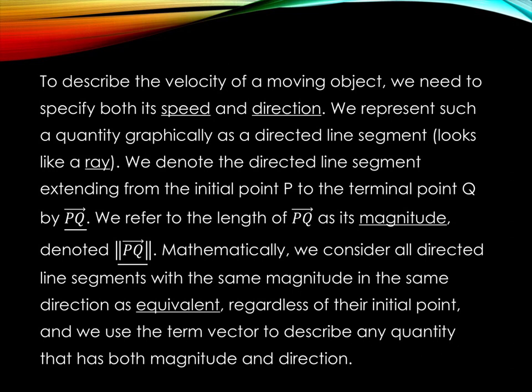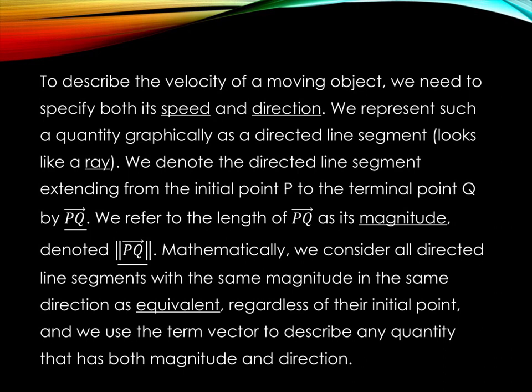We refer to the length of it as its magnitude. So magnitude means length. And the notation for finding magnitude looks kind of like double absolute values, right? Mathematically, we consider all directed line segments with the same magnitude and in the same direction as equivalent, regardless of their initial point.